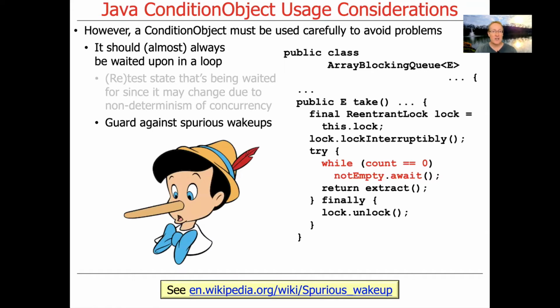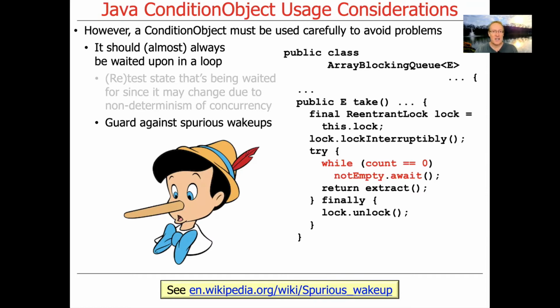Another reason that you need to use the condition objects in a loop is to guard against something called spurious wake-ups. And this is a very, very esoteric problem. You should read the link at the bottom of the page for more details about what a spurious wake-up is. But apparently in some multiprocessor systems, or perhaps even today's multi-core systems, sometimes a condition variable will be signaled even when nobody called signal. Now, I honestly have never seen that happen in practice, but you just need to be prepared for it.